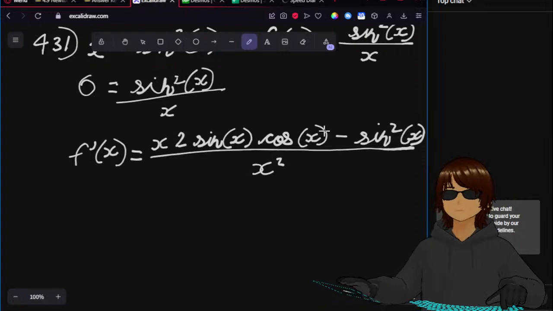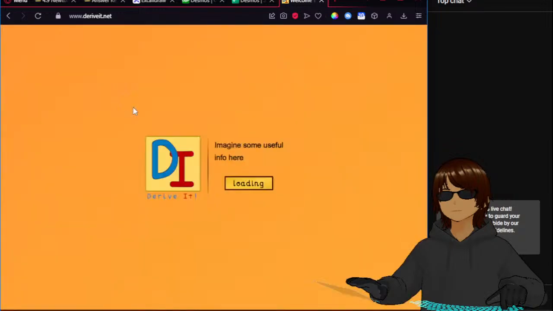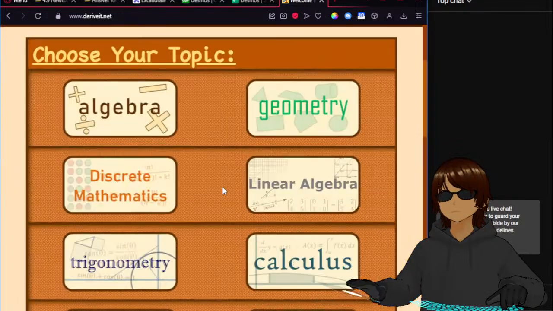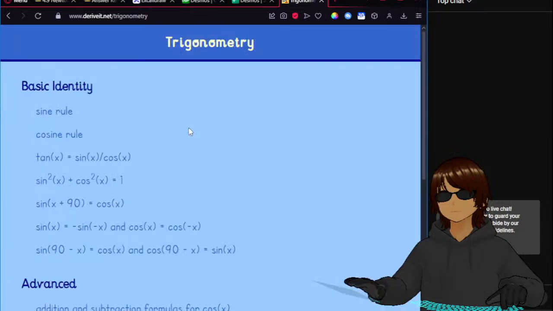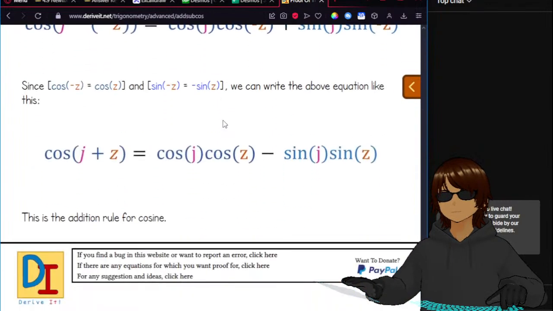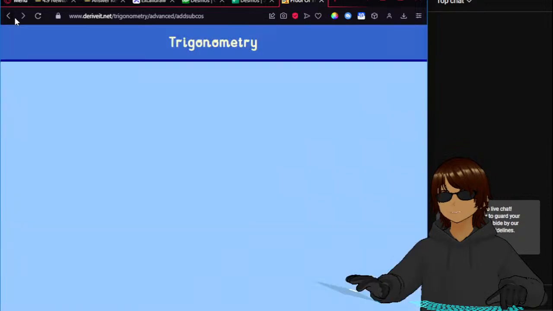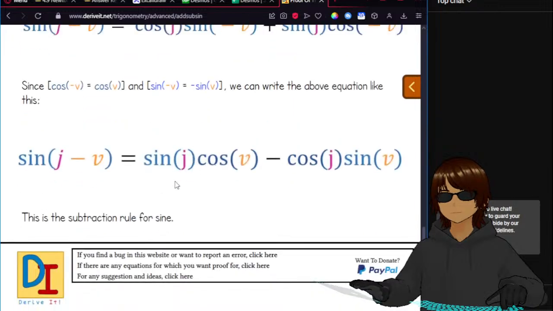This part seems familiar. Let me just try to remember what it was. It was in this. Was it sine 2x?